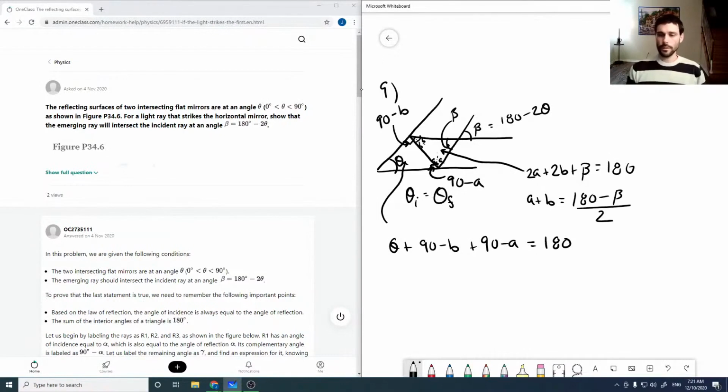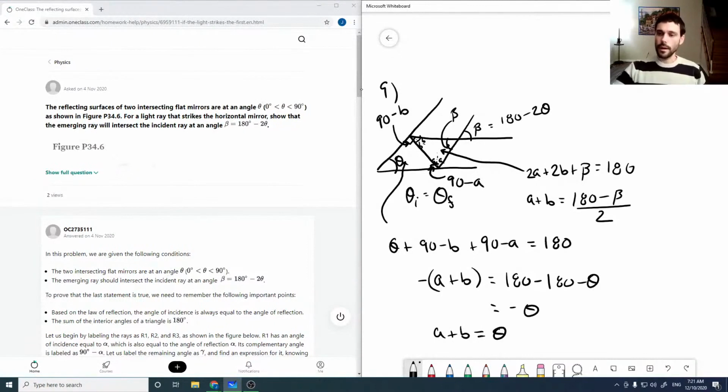And then if we look at this equation, we can solve this for A plus B by saying that minus A plus B is equal to 180 minus 180 minus theta, which is equal to just minus theta. So then A plus B is equal to theta.